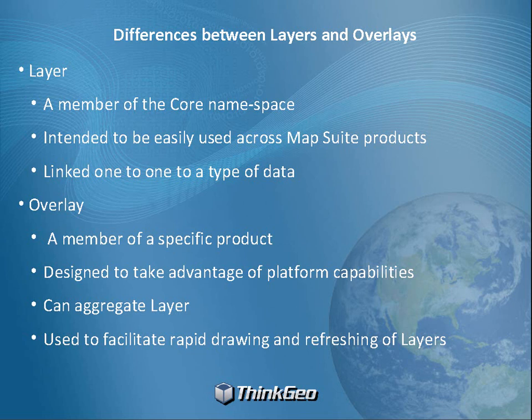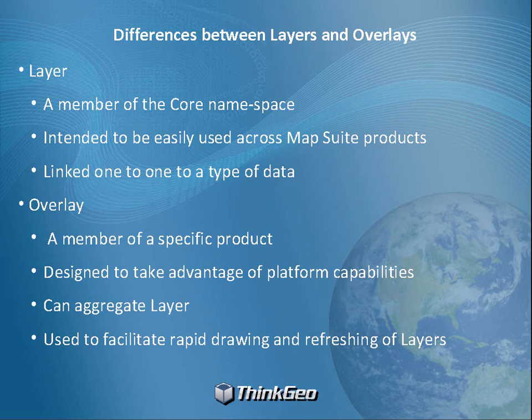So if you're in the desktop edition and you have two different overlays, let's say one overlay is represented by the world map kit, and you have another overlay that might be cars that you're tracking that are moving around, then the platform knows a little bit more about how it can do certain amounts of caching, and you can say that I want to refresh just the cars and leave all of the static data like the world map kit alone, so we don't have to re-render any of that.